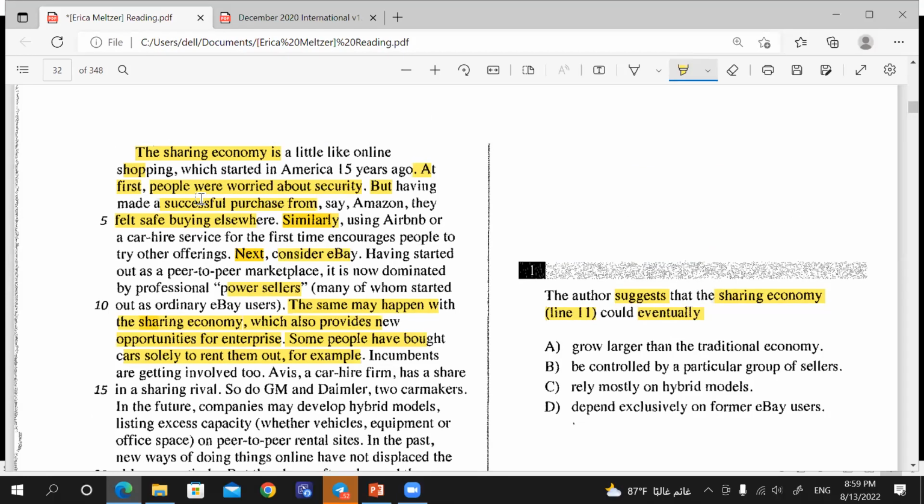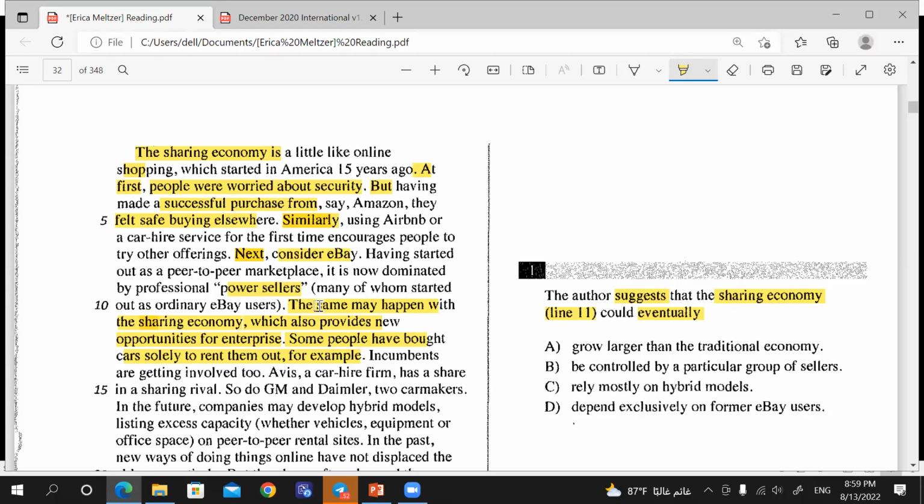I feel that the sharing economy is like something else, like online shopping, and we are given several examples of platforms on which people are making purchases and so on.